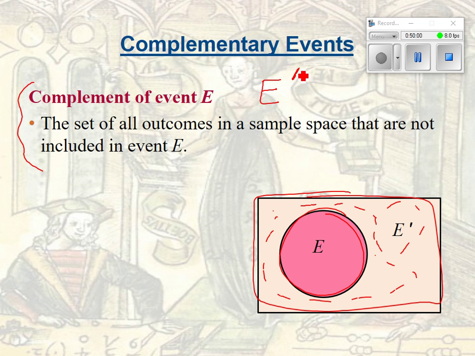It's got that little tick mark on it. So if we want the complement, they might write something like the complement of 1 with that little tick mark on it.